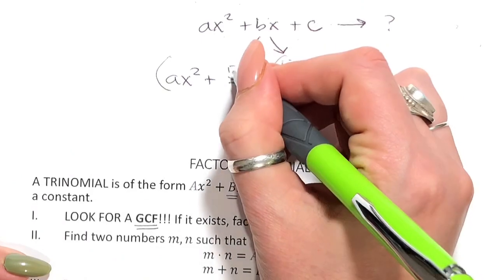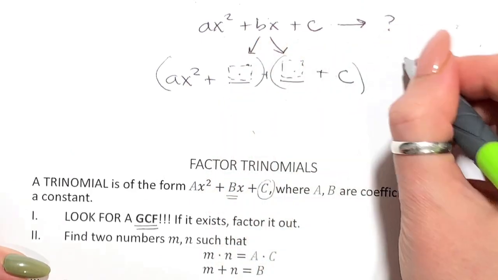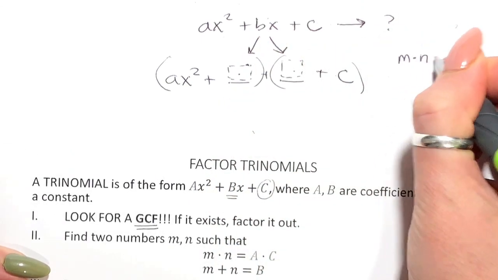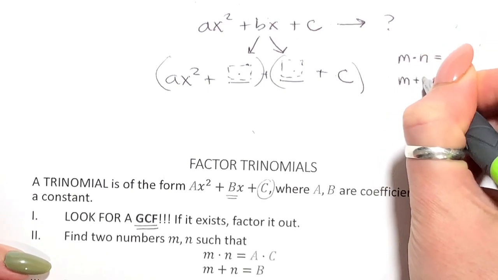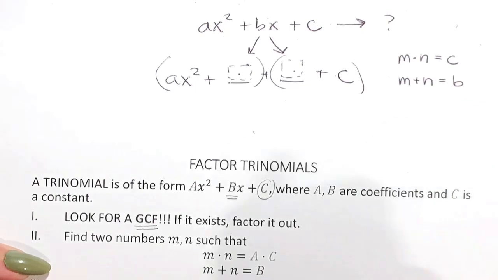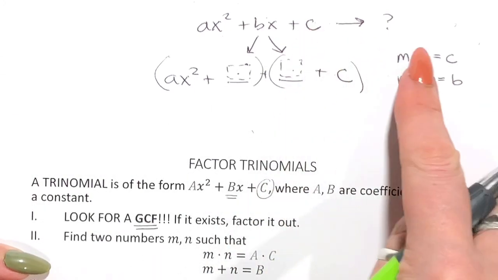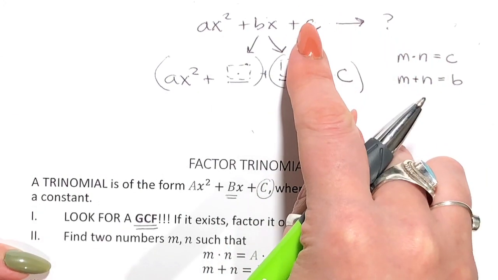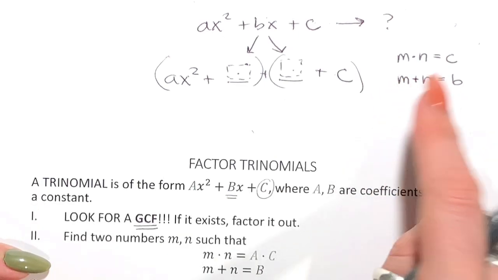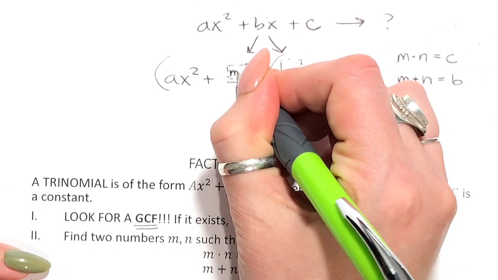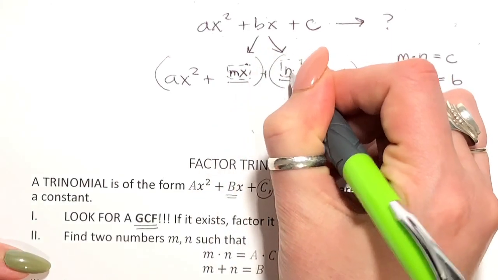Say that we figured that m times n equals c, and m plus n equals b. Remember, what we're trying to do is find 2 numbers that multiply to be c, but when you add them, equal b. Once we find those 2 numbers, you're going to split them up and do mx and nx.